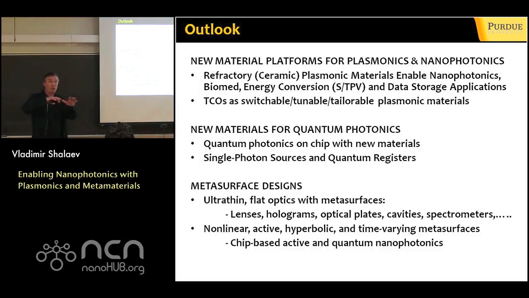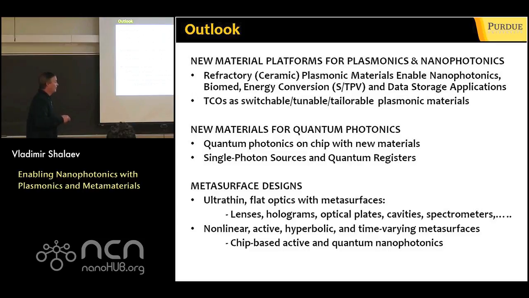Also, people now make these metasurfaces conformal and flexible, so you could use them as wearable optics for all types of sensors. These metasurfaces could also be used for nonlinear, active, hyperbolic, time-varying metasurfaces. Remember that in this case, you break not only photonic momentum conservation, but also energy conservation for photons, because you modulate your metasurface.